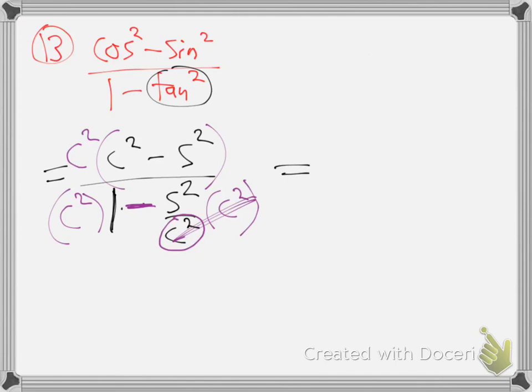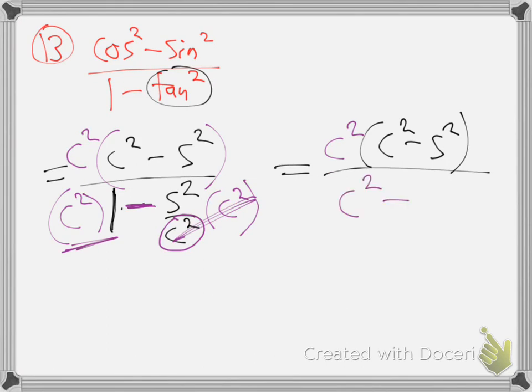So this leaves me with, we're just one step away actually, c squared times c squared minus s squared over, now what's on the bottom? C squared times 1, just c squared minus, these have canceled, so it's just s squared, and there it goes.